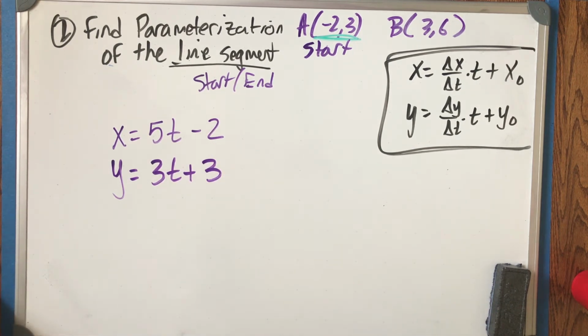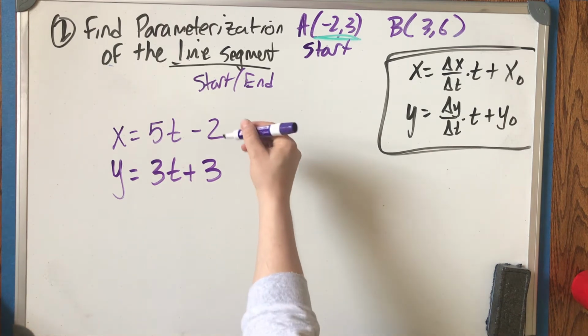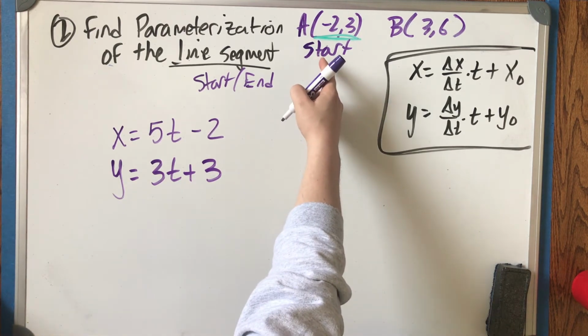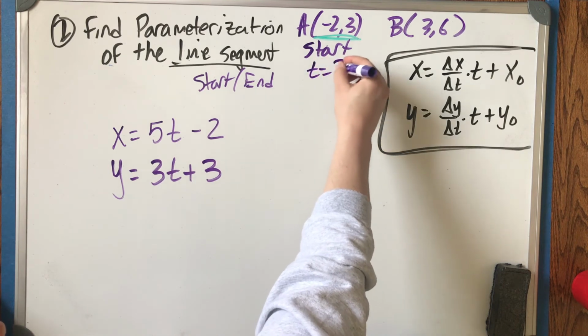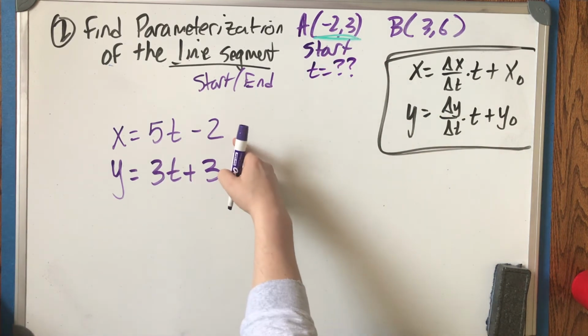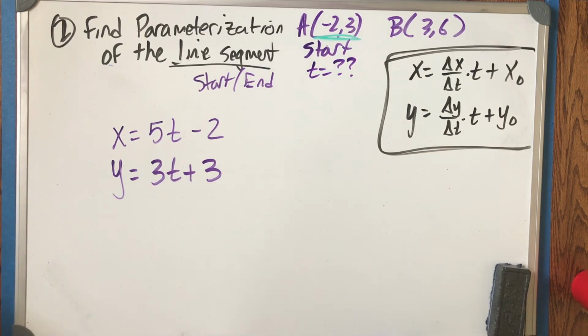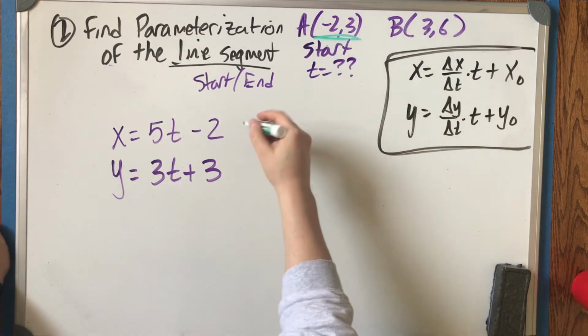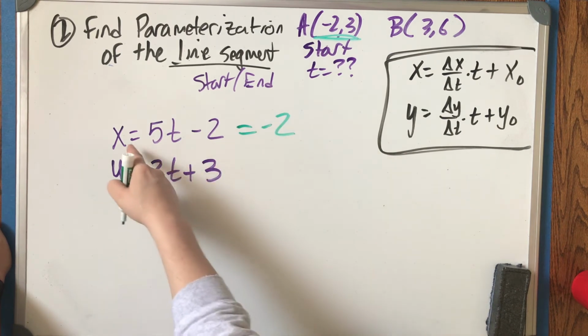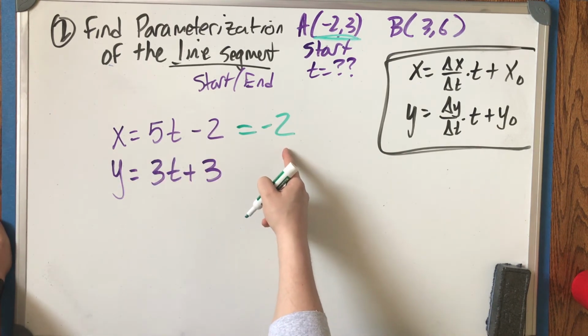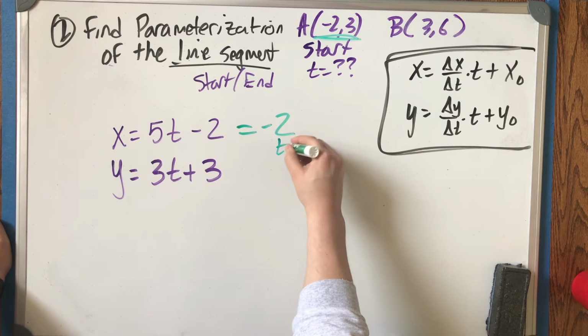So let's just figure out right now, before we look for a nice connection here, what t value makes this happen. And we can do that by just setting this equation right here equal to the x value that we want to find out. So the x value here is -2. So at what time will this equal -2? And that's going to be when t equals 0.